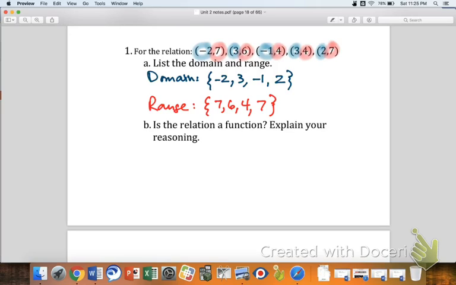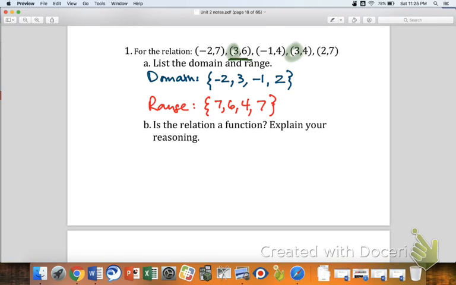The last thing we need to do here is answer part B, is the relation a function, and explain your reasoning. So remember, a function is any relation in which every input has exactly one output. So we're going to examine the inputs and the outputs here. And while we listed the domain and range, we kind of noticed this. You remember how the 3 was listed twice, there and there. So remember, a function is a relation in which every input has exactly one output.